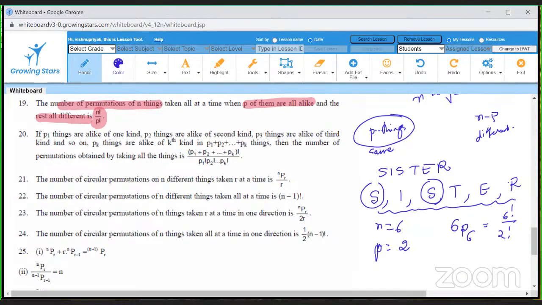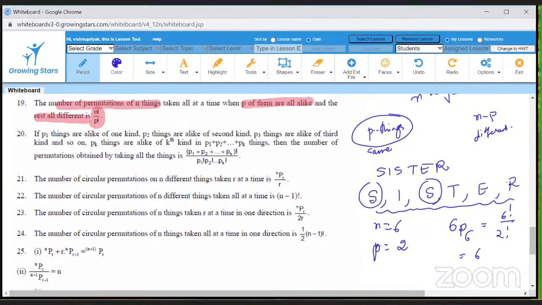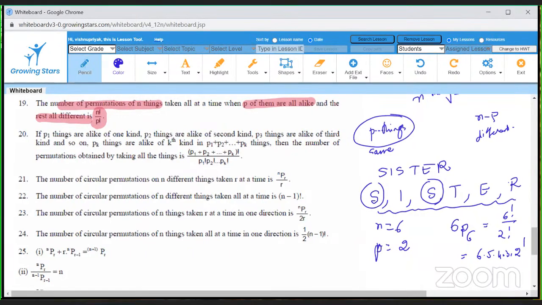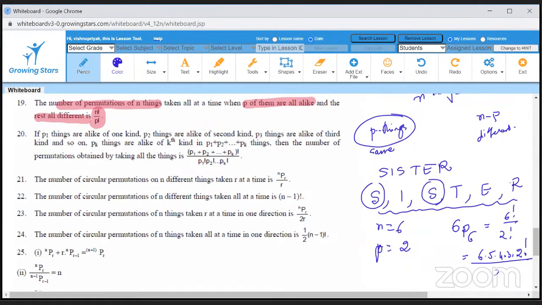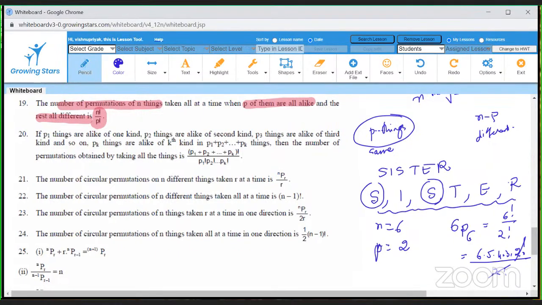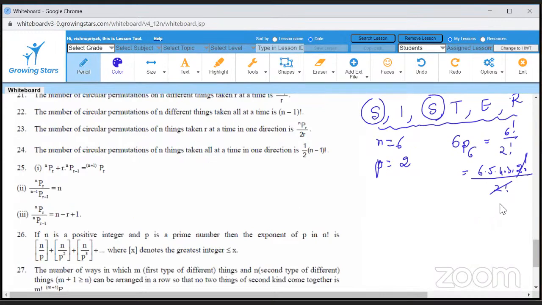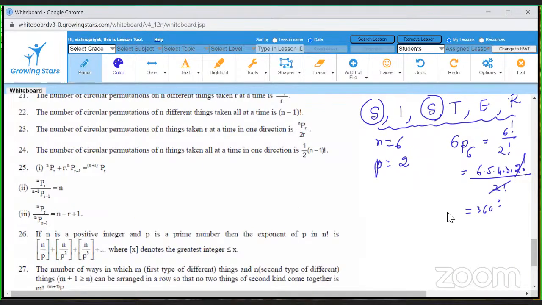So what will this be? 6 into 5 into 4 into 3 into 2 by 2 factorial. So 6 times 5 is 30, 30 times 12 is 360 ways. That's the answer.